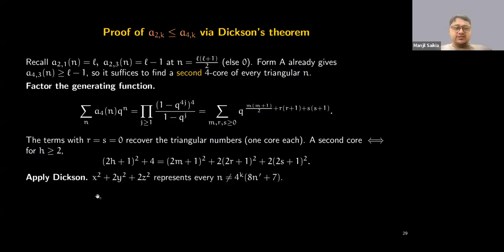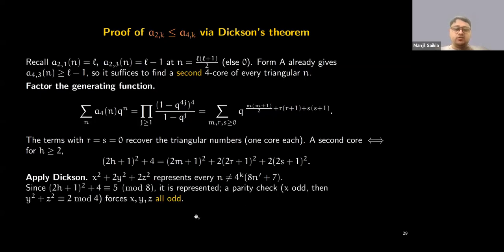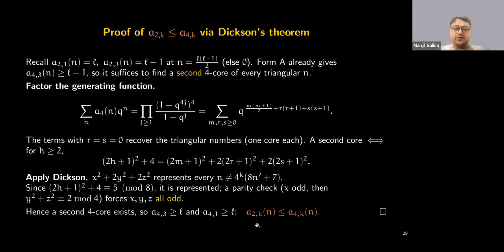And we just apply a classical result of Dixon, which says that this sort of form represents every n which is not of this particular type. And we just do some parity argument to show that whatever we have here is actually not of that type. And it follows from here that this inequality is true.